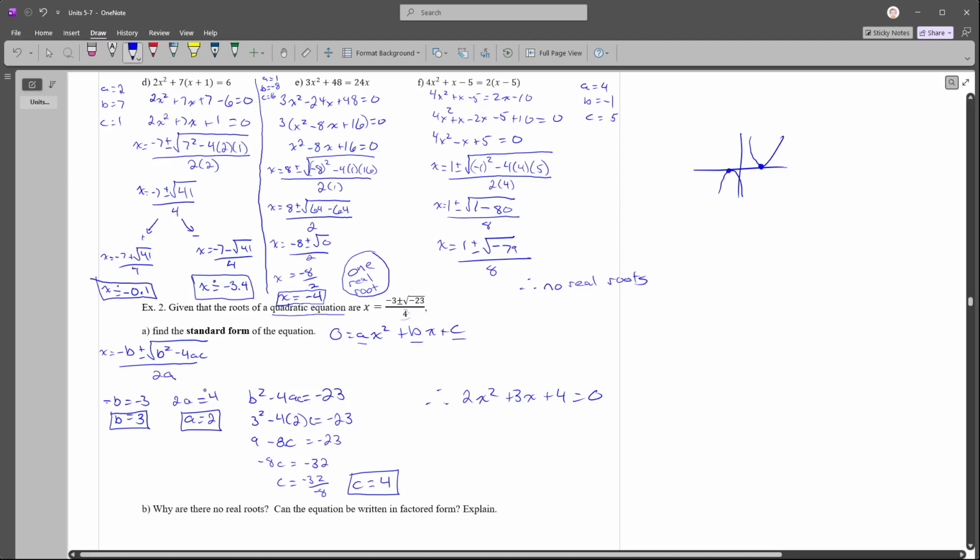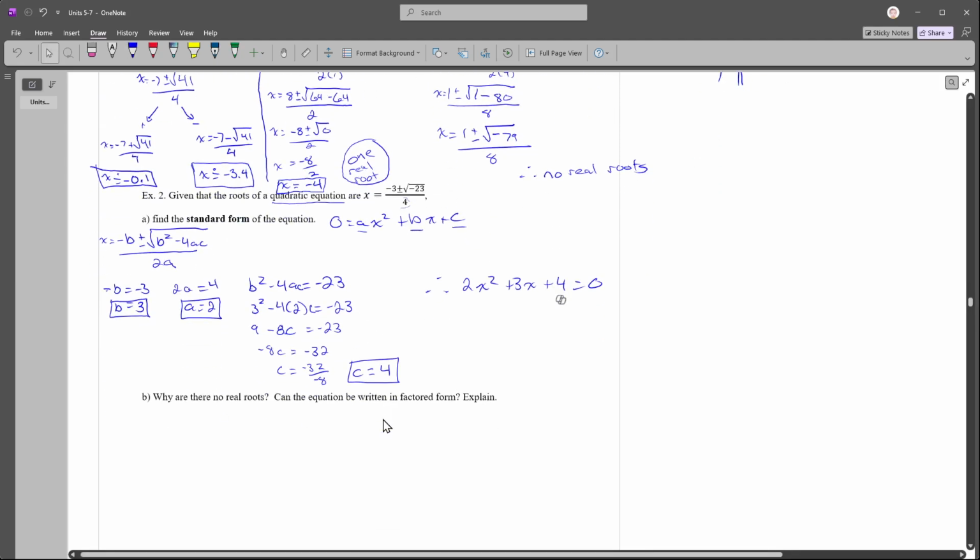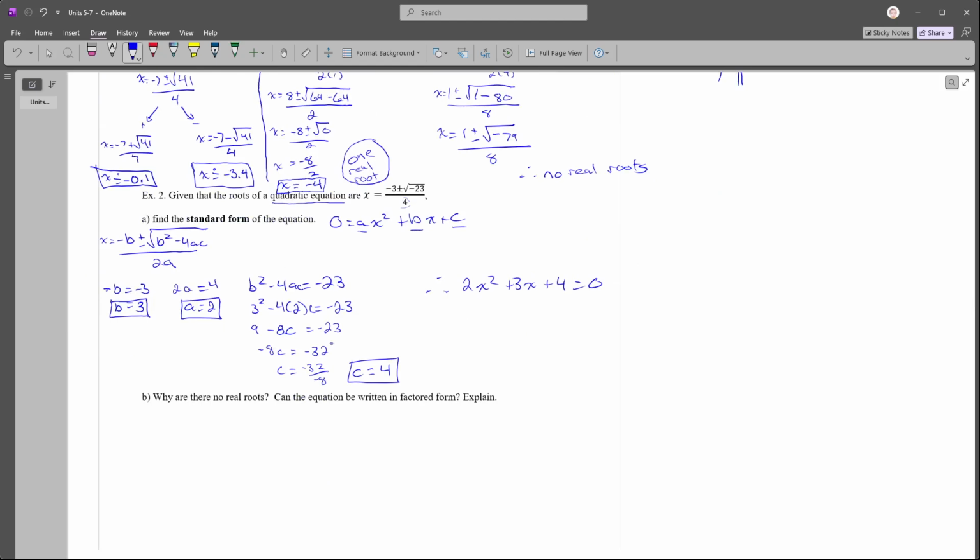The next question, just below here, is more of a description. It says, why are there no real roots in this question? Can the equation be written in factored form and explained? First of all, we know there are no real roots because the square root has a negative underneath. That's undefined. It's not possible, it's an imaginary number. So we'll write this.